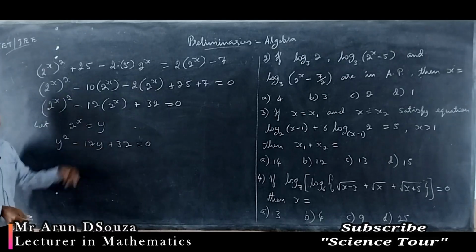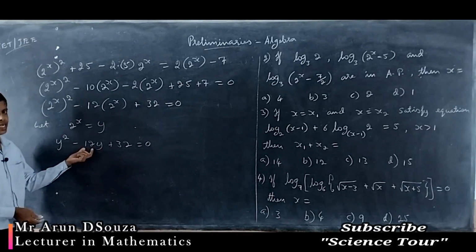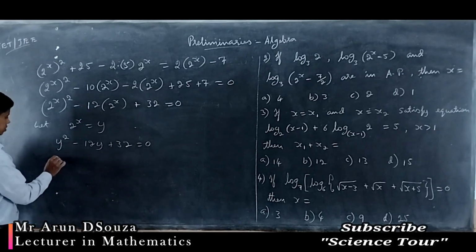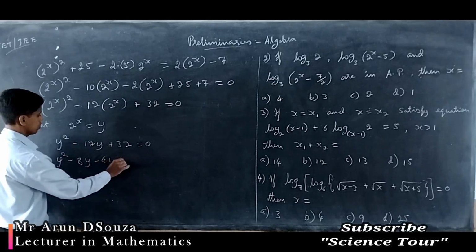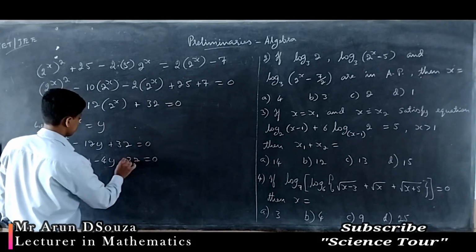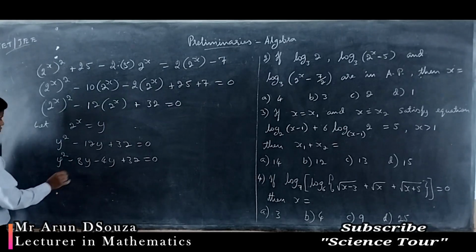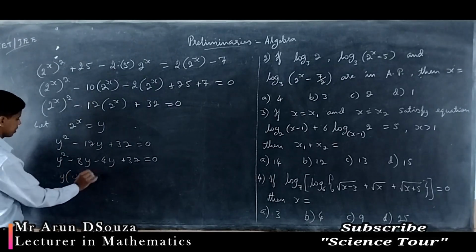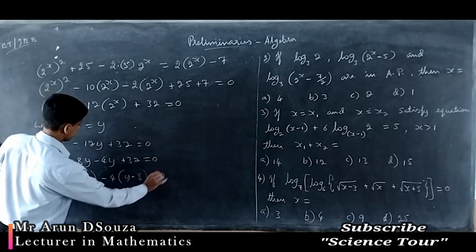Now factorize. You have 32, I need minus 12. So 8 and 4 are correct. So this is minus 8y minus 4y plus 32 is equal to 0, correct. So this is like y into y minus 8 minus 4 times y minus 8.